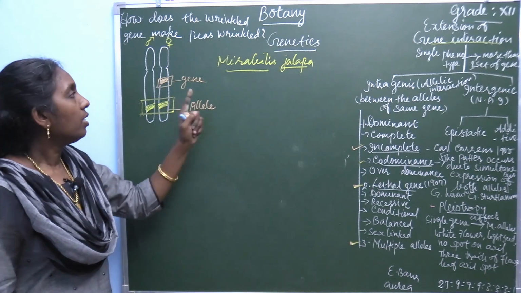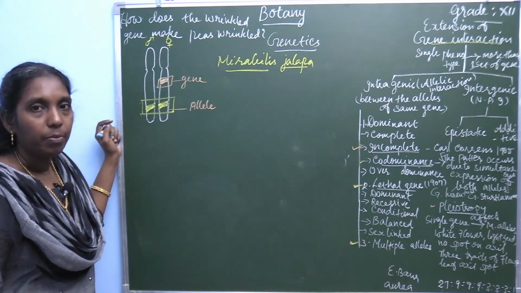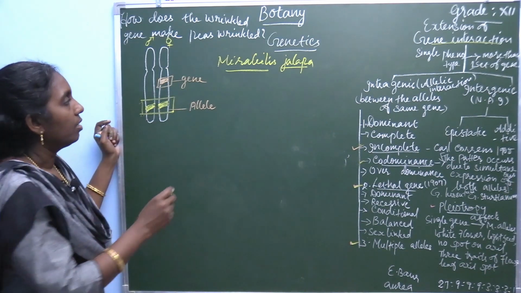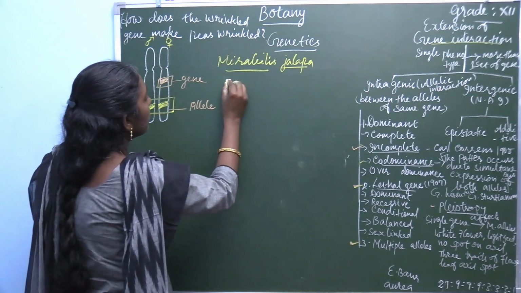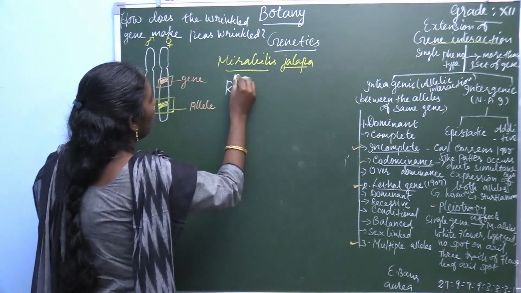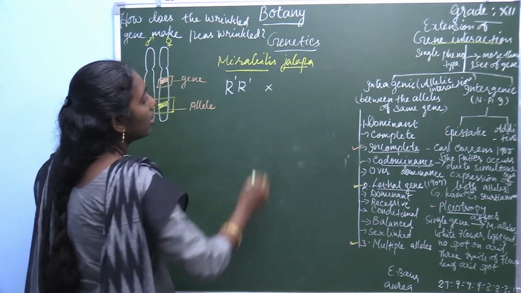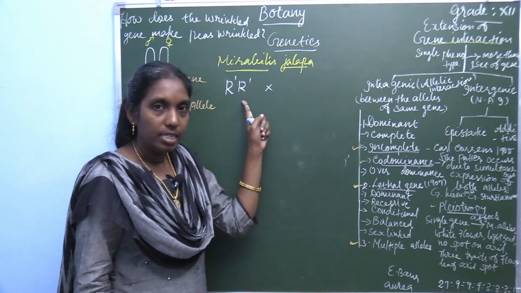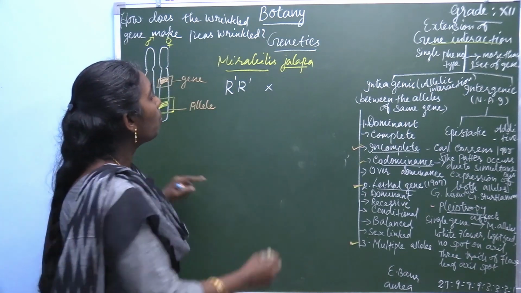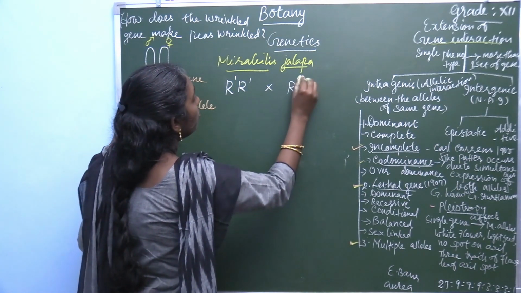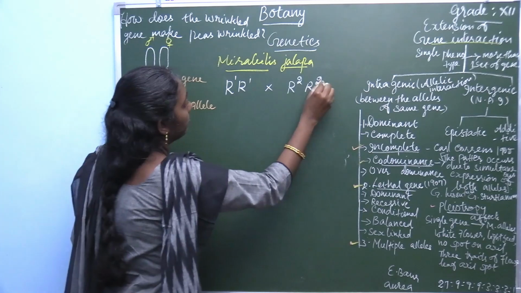In Mirabilis jalapa, the parental selected is R1 R1, that is red color, which is crossed with white color, that is R2 R2.